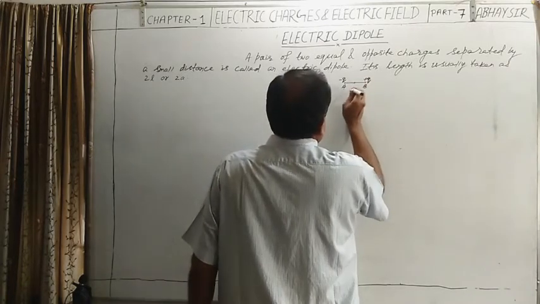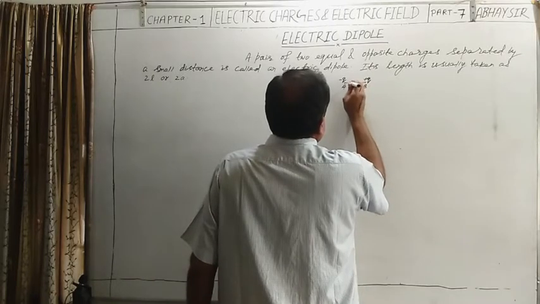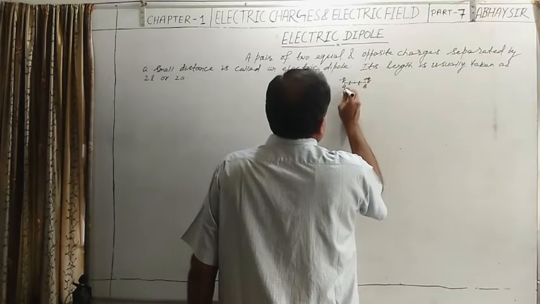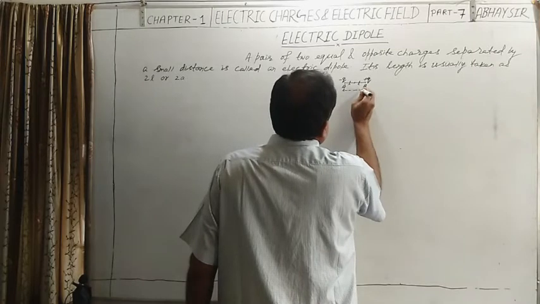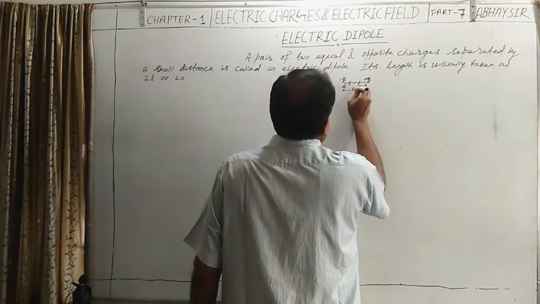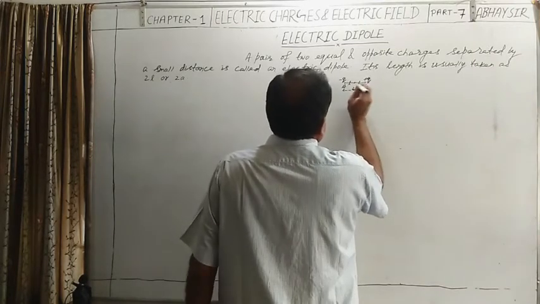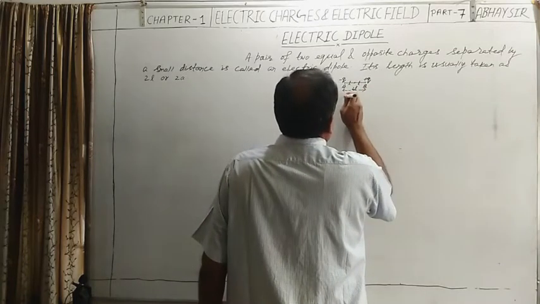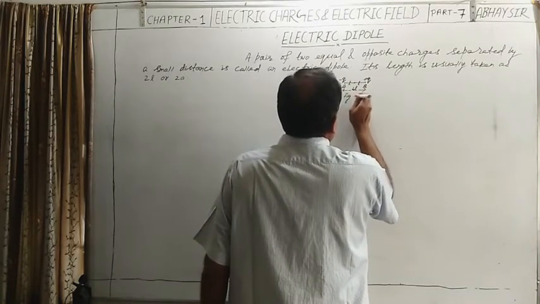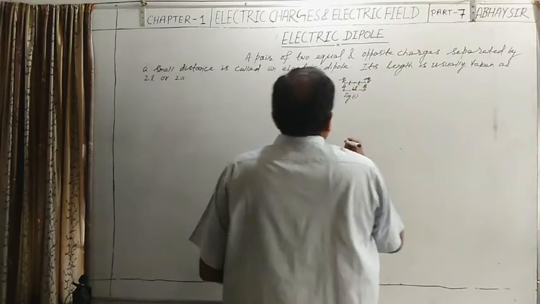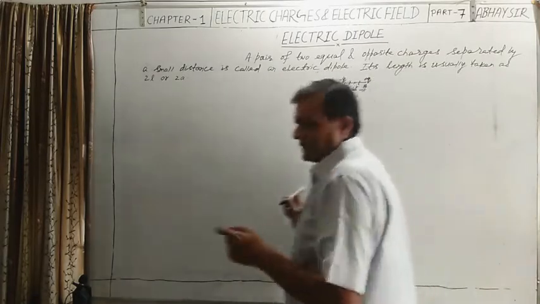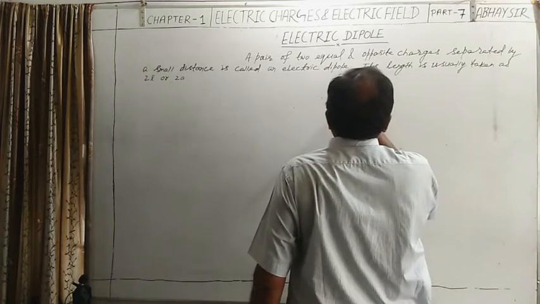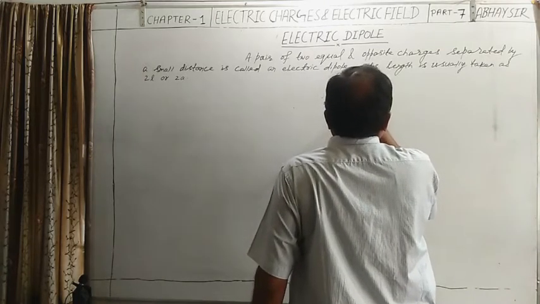I am taking it as L, that is 2l or 2a. This pair of two equal and opposite charges constitutes an electric dipole.